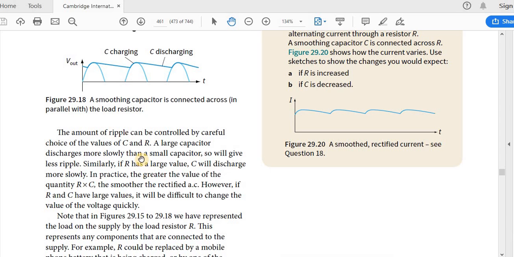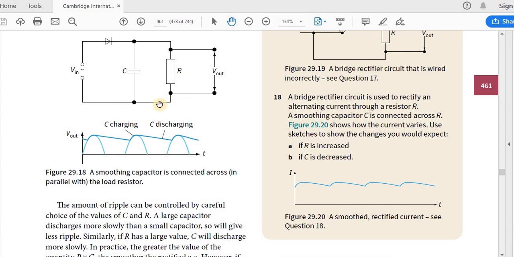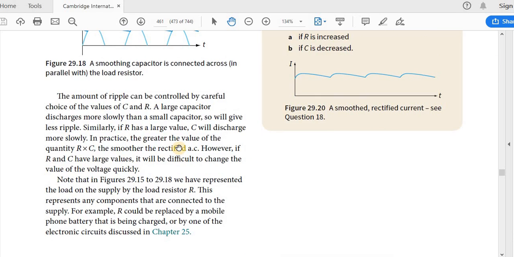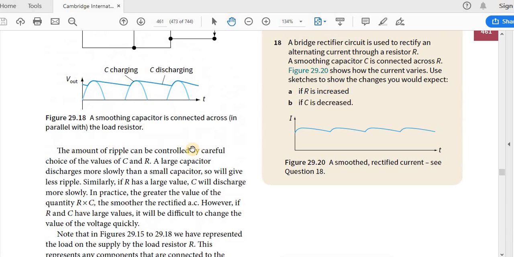Similarly, if you have a large value for R, the resistance is more, so it takes a longer time for the charges to flow, that is, from the capacitor. That means it will take a longer time for the capacitor to discharge. So if you have a greater value of R and a greater value of C, the smoother the rectified alternating current will be.